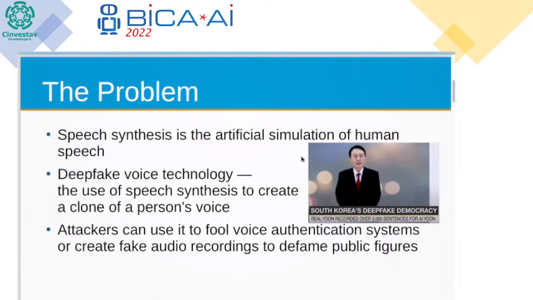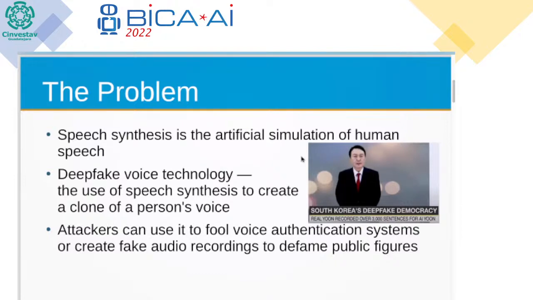An amazing example is the presidential election in South Korea this year. The team has created a digital avatar of Yoon Suk Yeol, and it took part in the presidential race as a candidate.